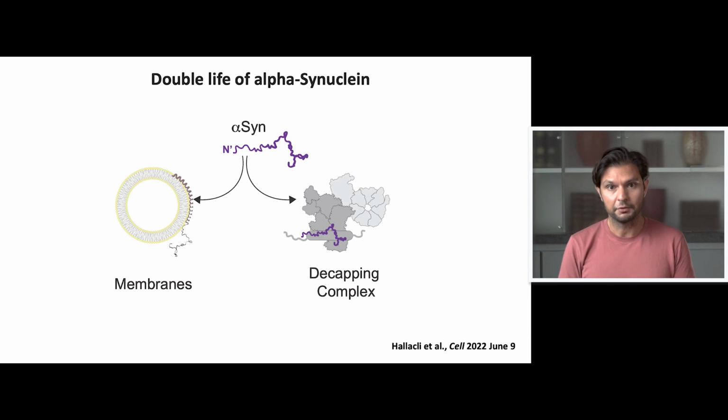In short, we discovered that alpha-synuclein physically associates with the decapping complex. Interestingly, the part of the alpha-synuclein region that initiates membrane binding is the same part where it binds to the decapping complex, suggesting a dichotomous dual residence for alpha-synuclein.